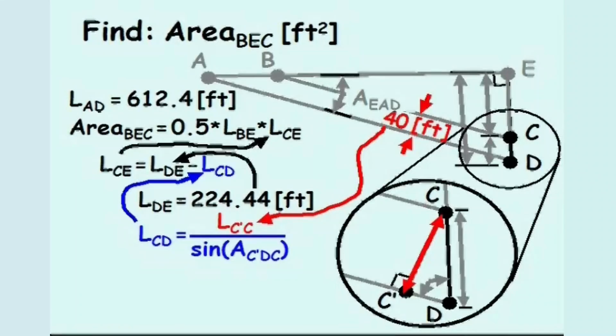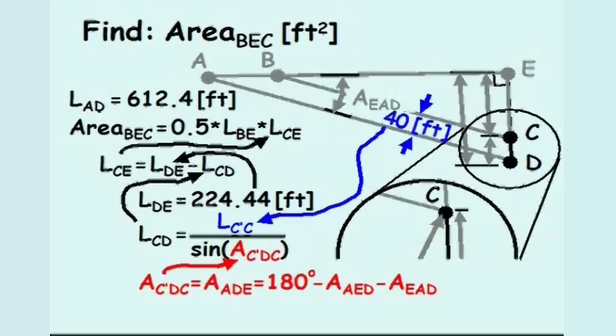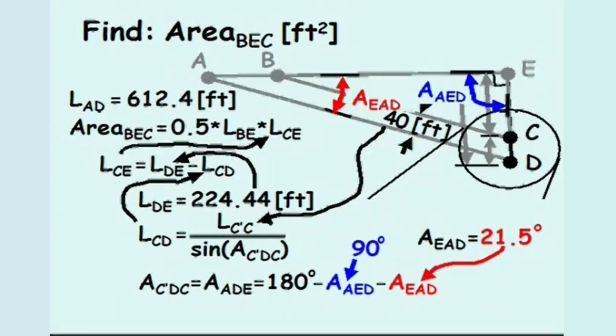Angle C prime DC is the same as angle ADE of the large triangle, which equals 180 degrees minus angle AED minus angle EAD. In this equation, we know angle AED is 90 degrees because we're dealing with a right triangle, and we calculated angle EAD earlier in this problem, which was 21.5 degrees.